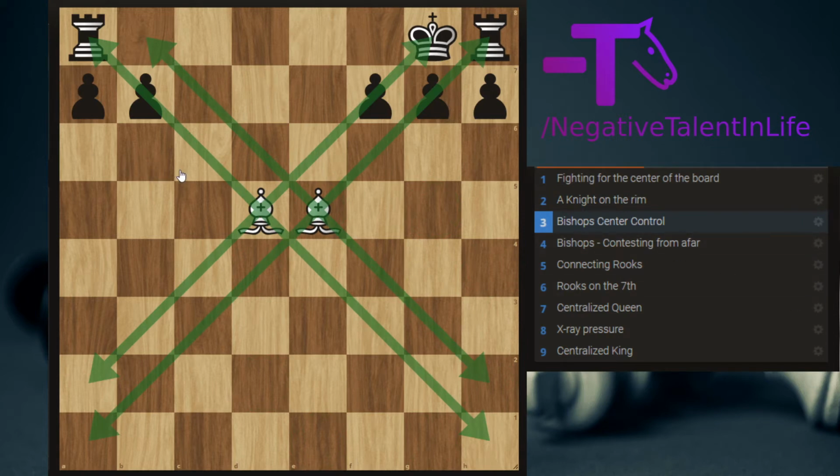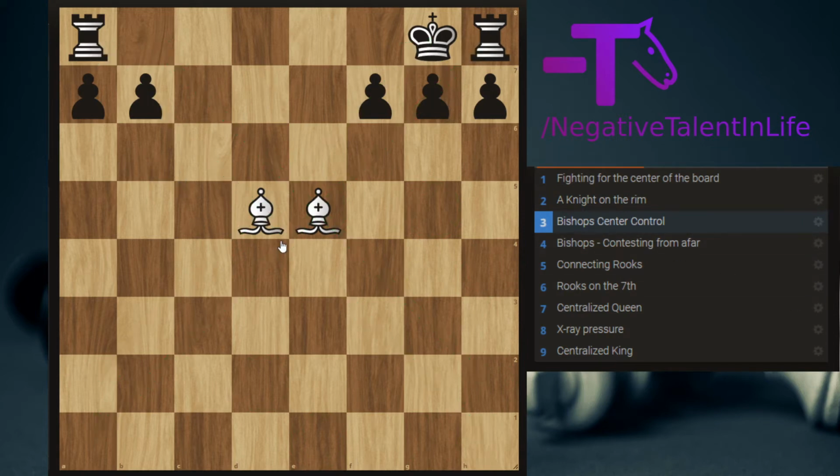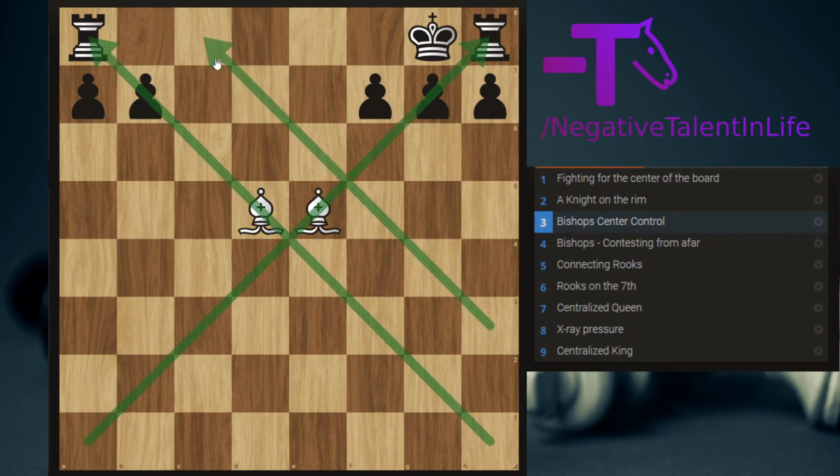So here we can see that we have 2 bishops in the center of the board. Now, there are 2 diagonals in the game of chess that are very important. These 2 diagonals. As you can see, they are the longest diagonals on the board. So this white diagonal is notably shorter than this one, right? There's an extra square here.